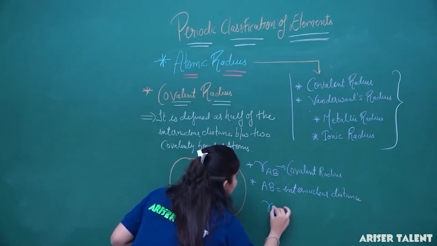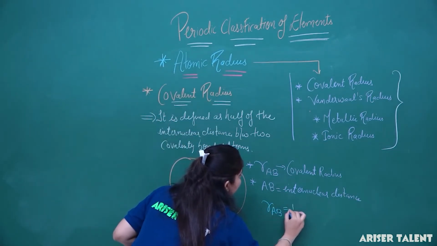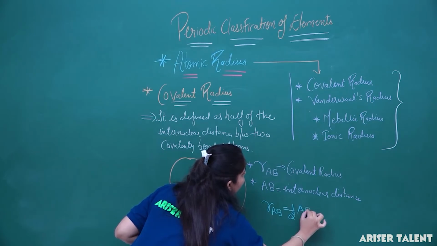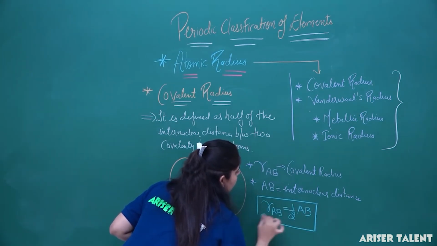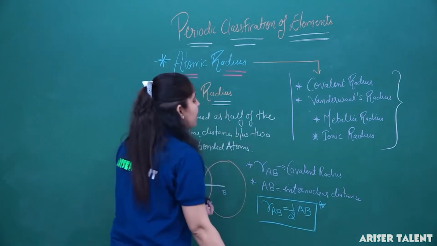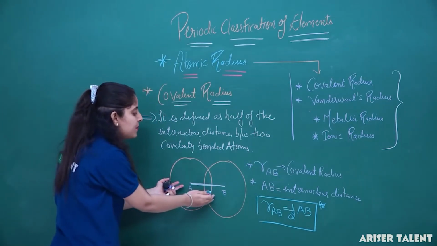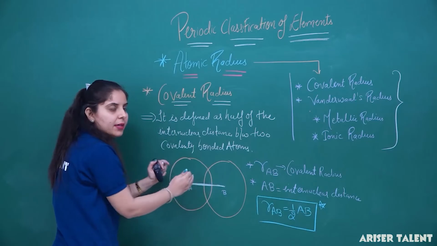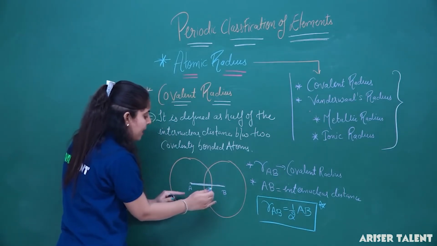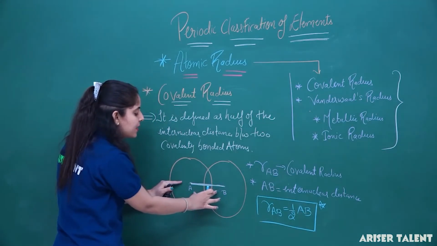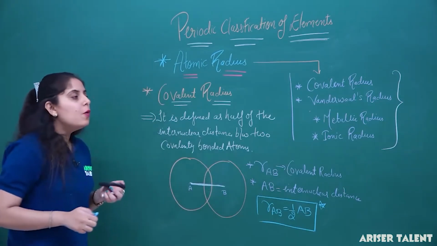So, R_AB equals half AB. This will be the formula for covalent radius. It is very simple to learn that when two atoms are covalently bonded, formed by overlapping, half of the internuclear distance between them will give you the covalent radius.